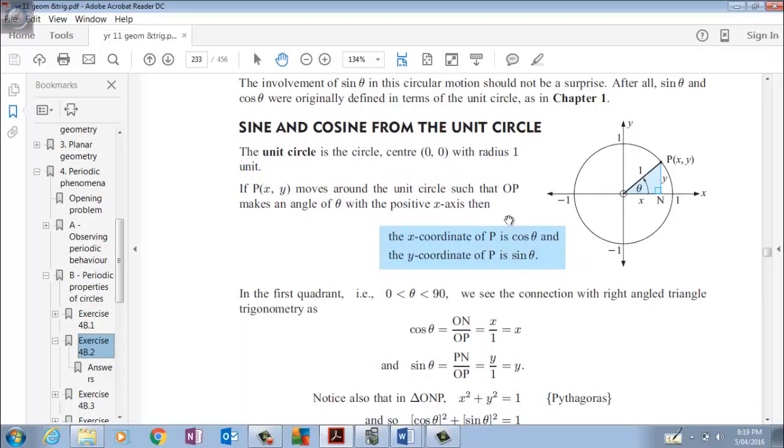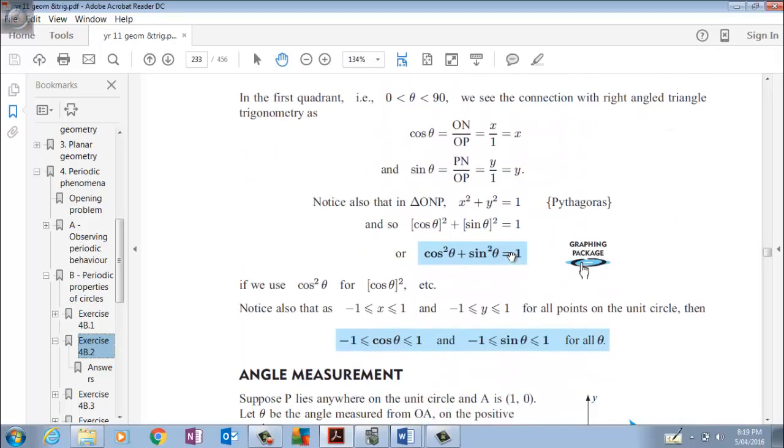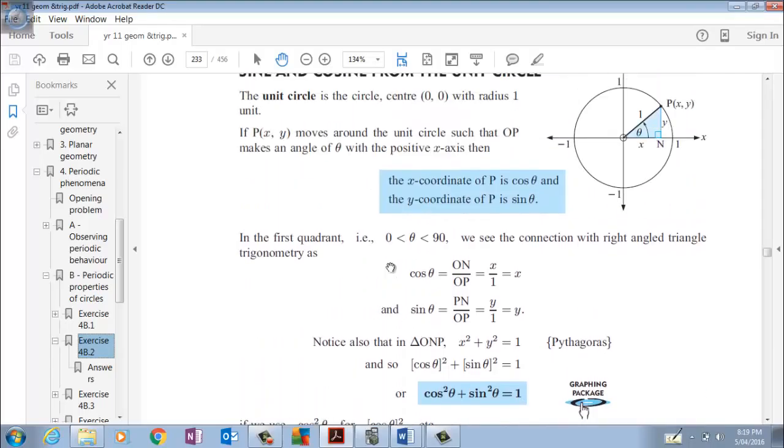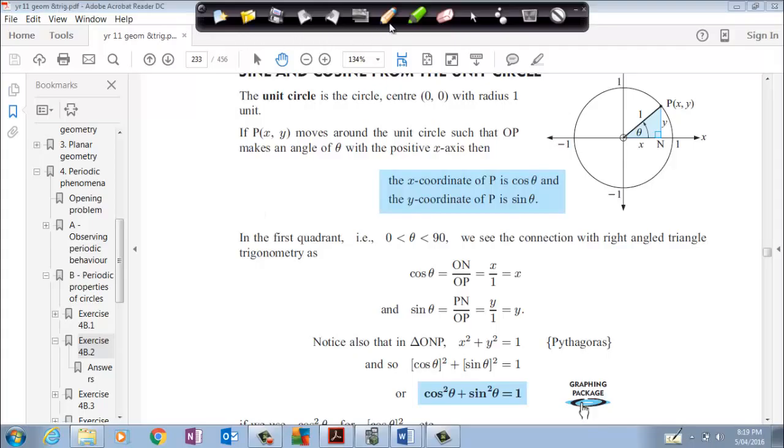Okay, moving on to the identity. Now the identity is cos squared plus sine squared is 1. That's simply Pythagoras' rule. If you look at the unit circle, we have the x-coordinate is equivalent to cos theta. The y-coordinate is equivalent to sine theta.